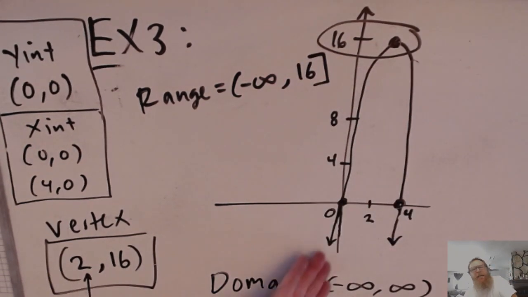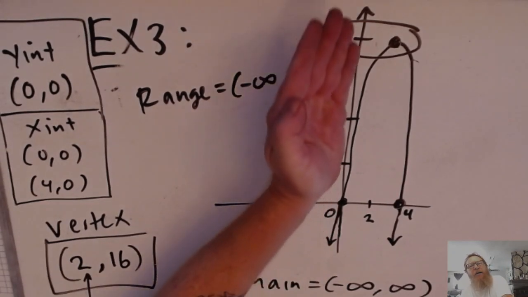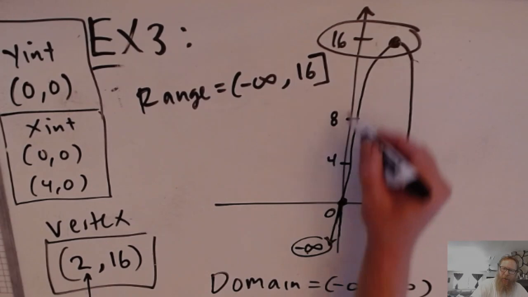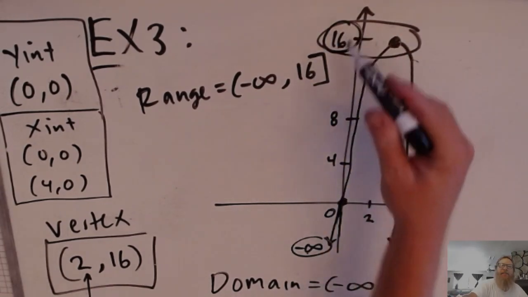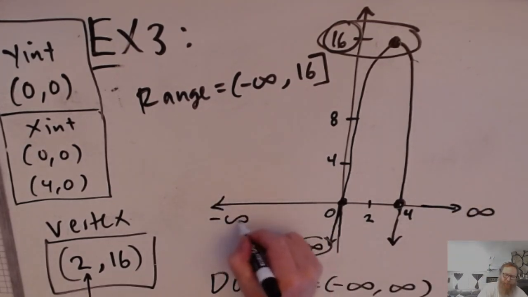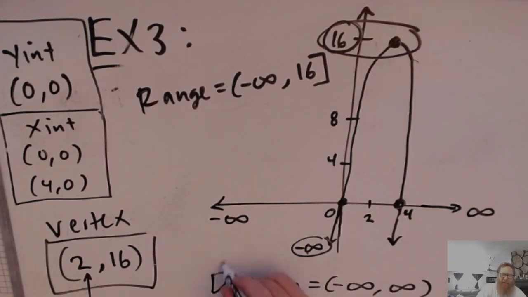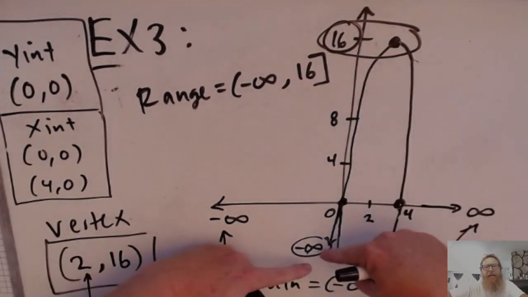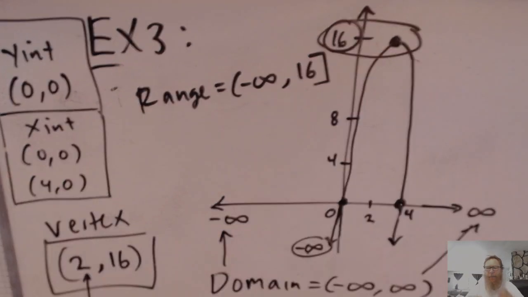So you read the range from the bottom up. It goes from negative infinity all the way up to 16. That's the range. The domain is the x's. The domain is going from negative infinity to positive infinity. But the range is going from negative infinity to 16.